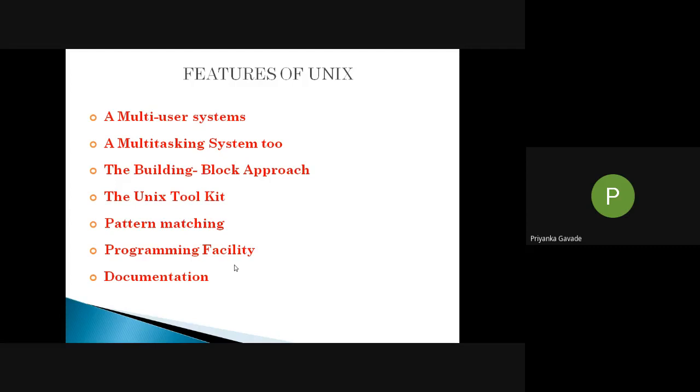Similarly, Unix also offers us the pattern matching facility, a sophisticated set of pattern matching features. We shall be learning about regular expressions in the coming lectures, wherein these regular expressions are used to fetch a particular pattern in the given set of meta characters.